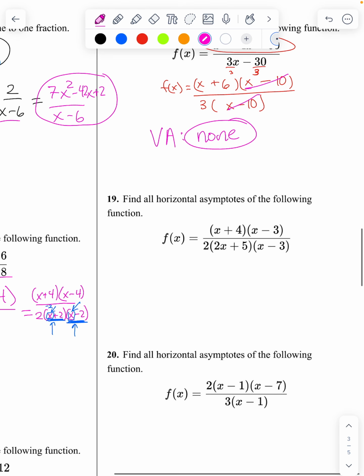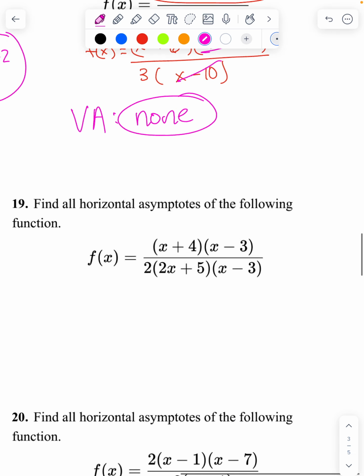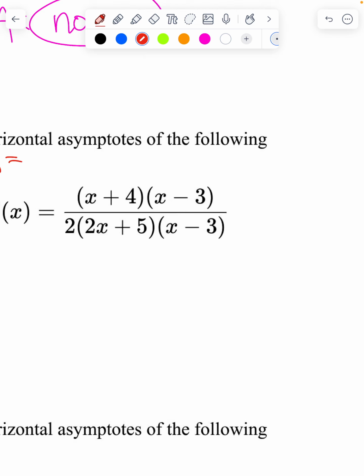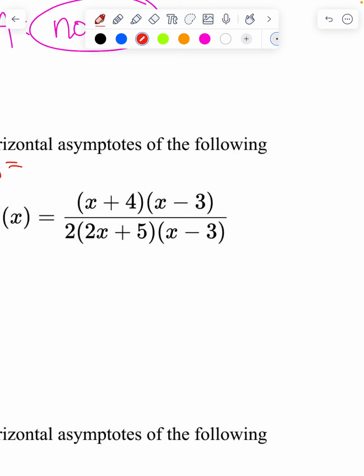All right. Number 19 says find all horizontal. So horizontal is different. Horizontal is always going to be y equals when we get our answer. It'll be a number if it exists. So the thing that I like to do is actually multiply these out.